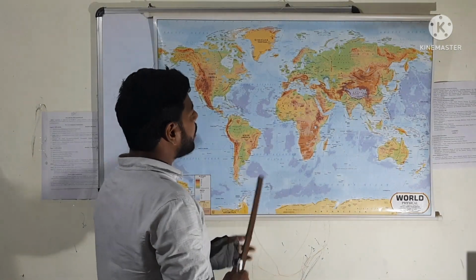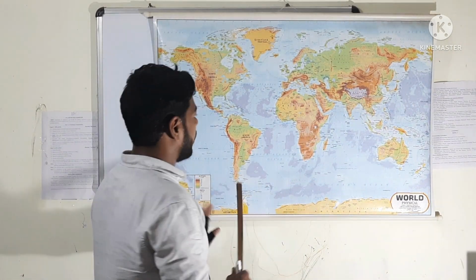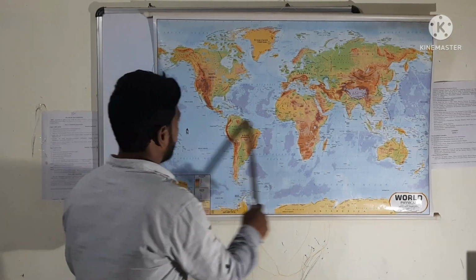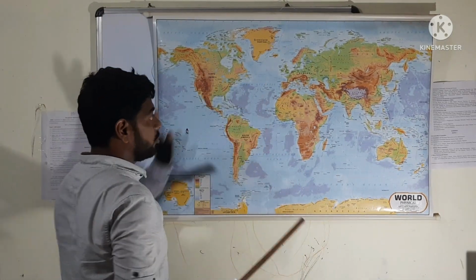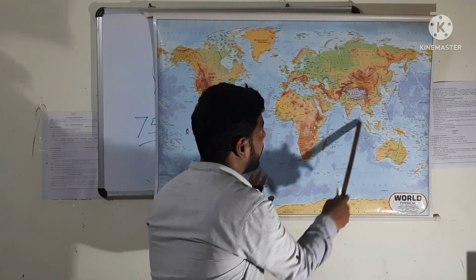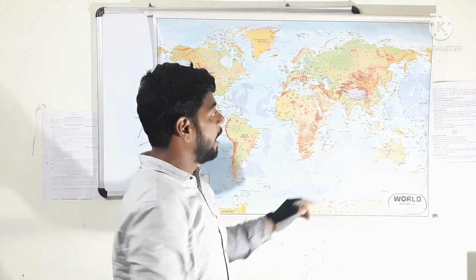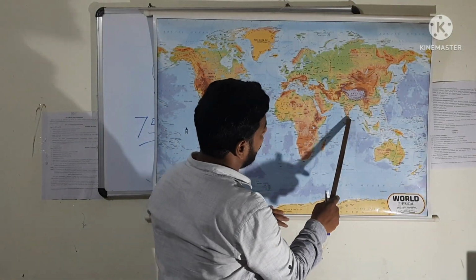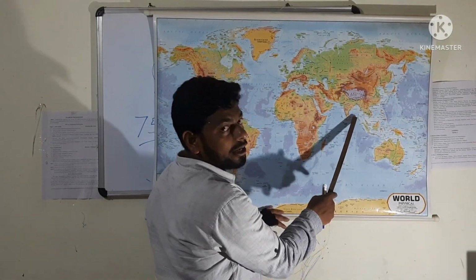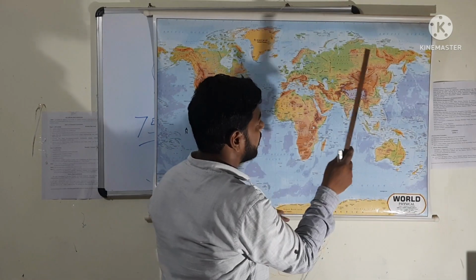Okay. And latitudinally, as I told, this one is the equator. The northern part of the equator is the northern hemisphere, and India is located here, which means that India is completely located in the northern hemisphere. Latitudinally, the mainland extends from 8 degrees 4 minutes north to 37 degrees 6 minutes north.